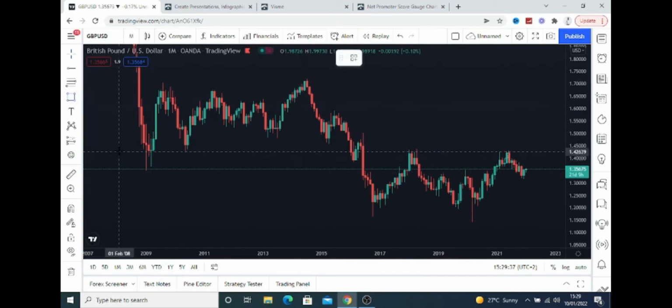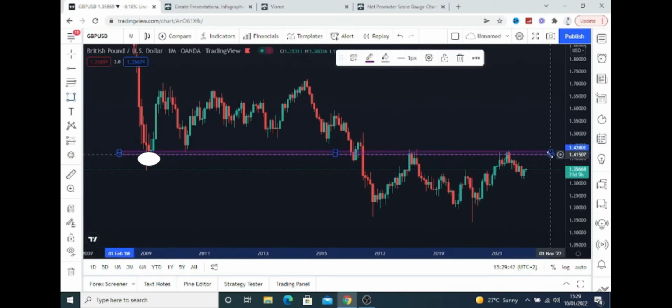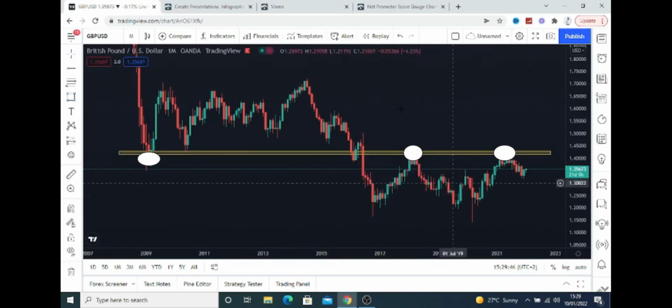So let's mark it, let's draw it. Let's make it yellow. You can make it any color you want. So if you're looking at this, it was rejected here as the support, and also rejected as the support, then it was broken up, and then the price went to retest this area as the new resistance.